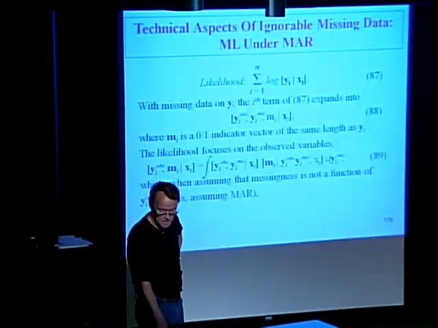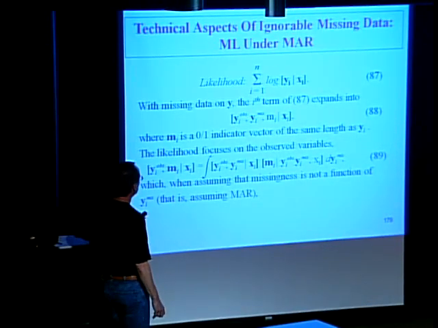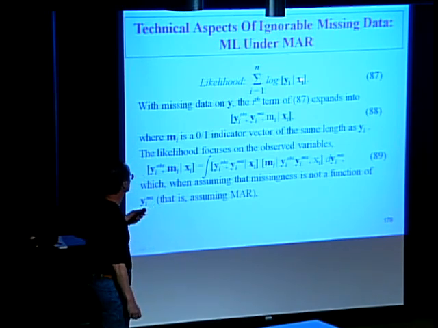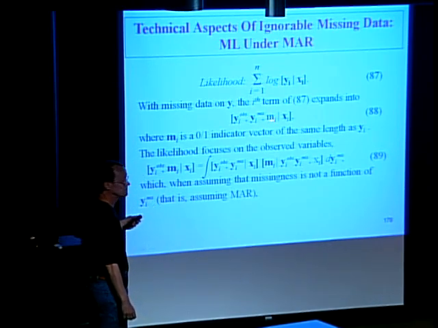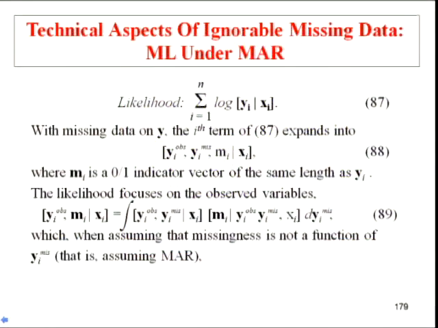What these pages say, 179, says that the data that you observe is not only Y and X, but also M. What's M? M is whether or not a variable is missing. It's a binary variable. It's a variable too.